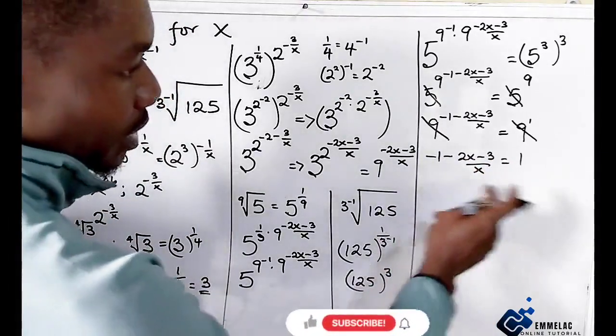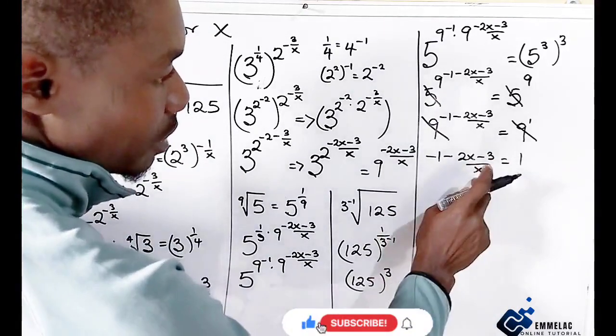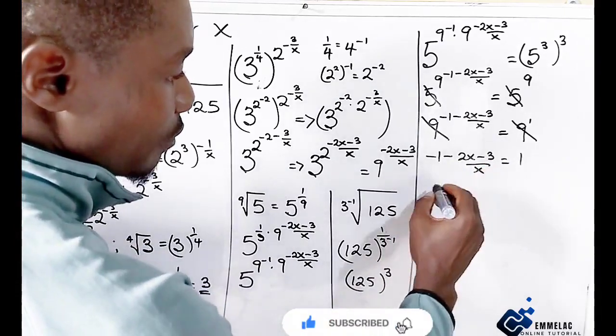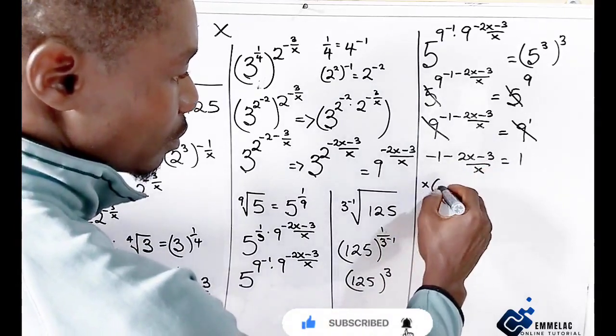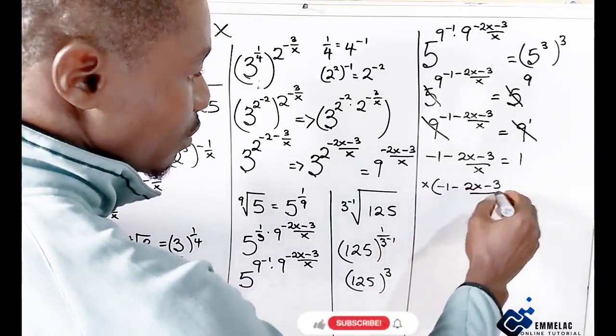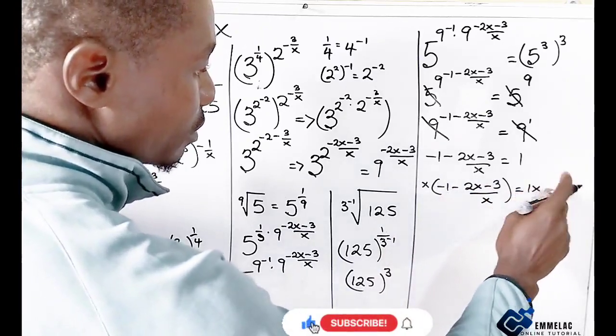Find the LCM. Multiply everything by x to eliminate the x as the denominator. So here we have x times -1 minus 2x minus 3 over x equals 1 times x.